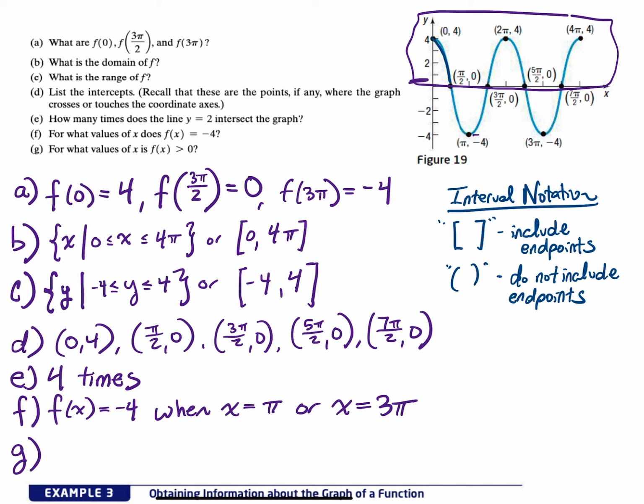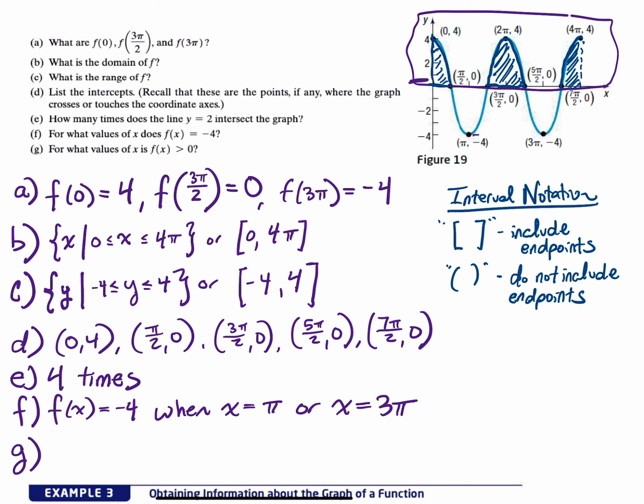We have this section here, positive. We have this middle piece. And we also have this end piece. So we have 3 distinct regions, or 3 intervals, where our function is positive. So we just need to list them out and combine them together.